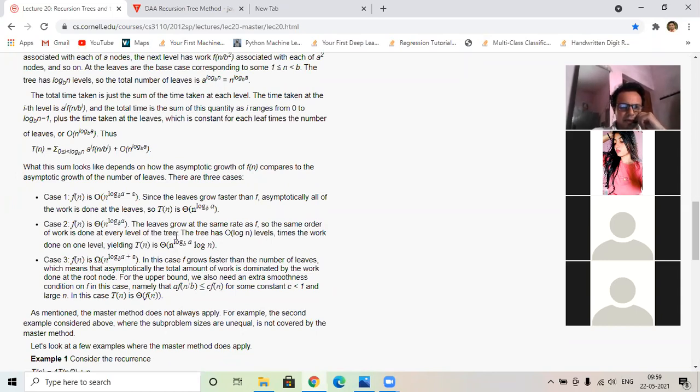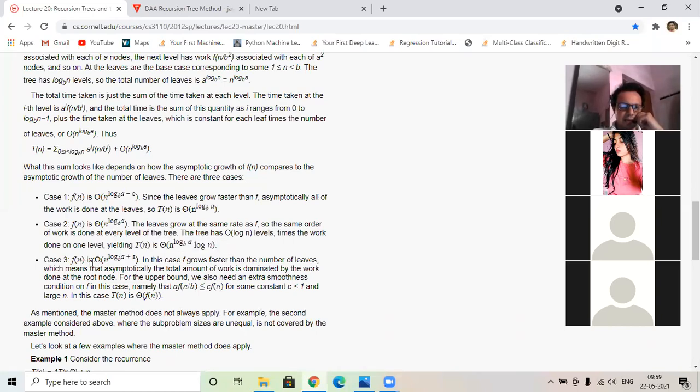Actually here Fn and Gn will be the same, that's why theta is given. And here Fn will be greater than Gn, that's why this is said here. The meaning of this you can understand when I have defined Fn and Gn. So it will be theta of n to the power log a base b times log n. This is the time complexity in this form. I am giving an example, then you will understand it.